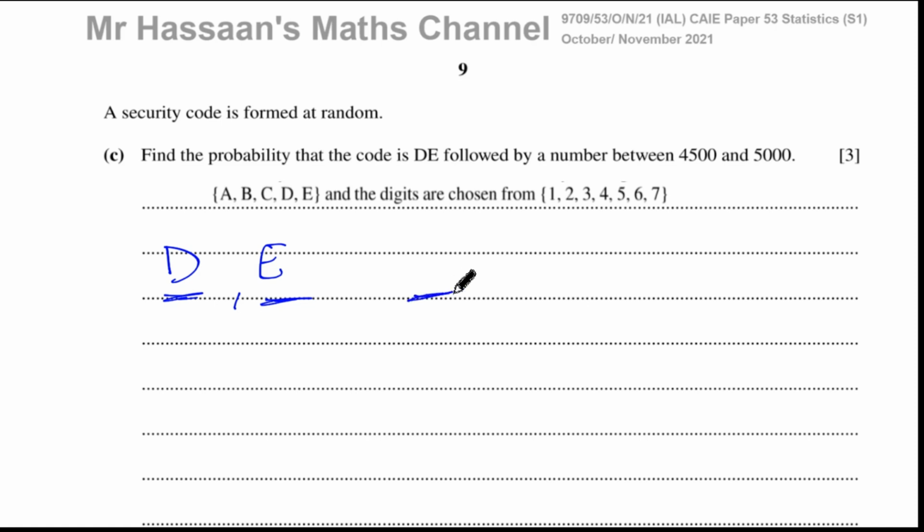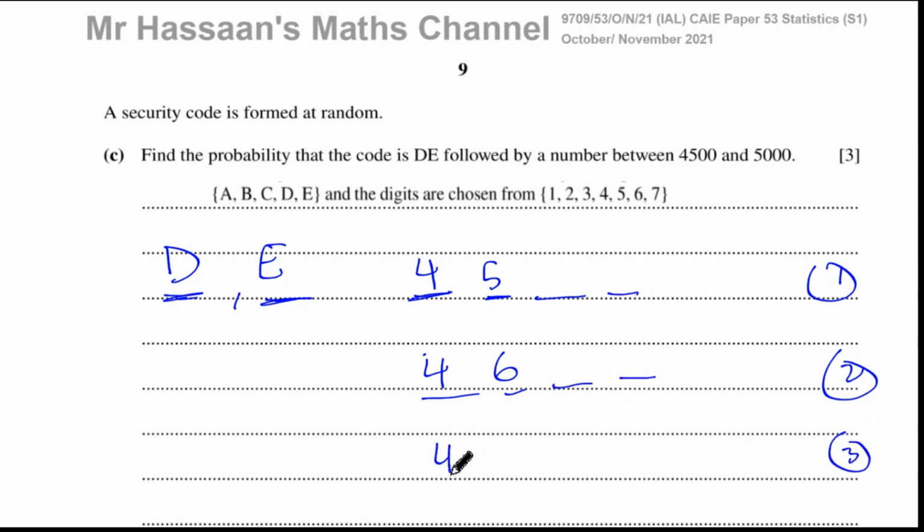So the first number has to be a 4. And the second number, well, it can be a 5. So this is case 1. The second case is you have a 4 and then a 6, and then 2 other numbers. And the third case is that you have a 4 and then a 7, and then 2 other numbers.